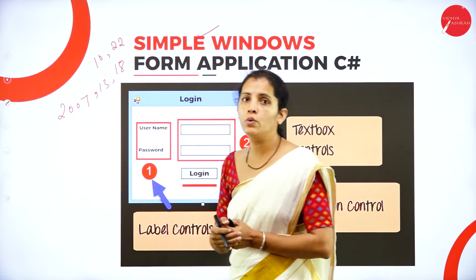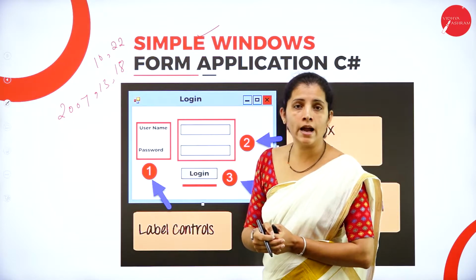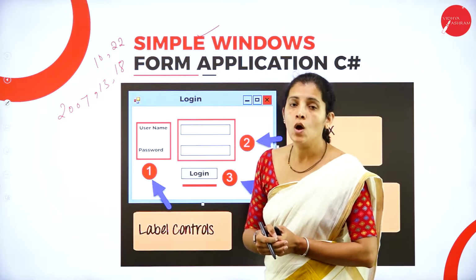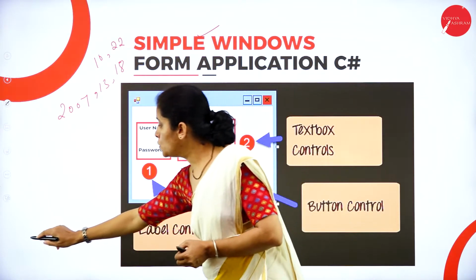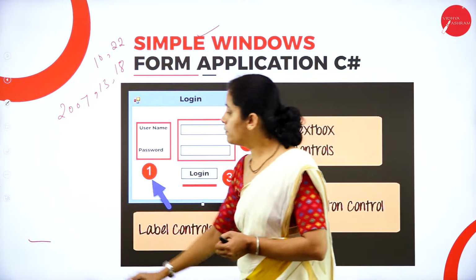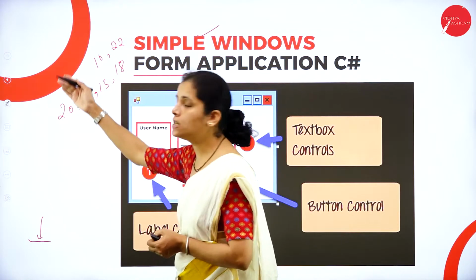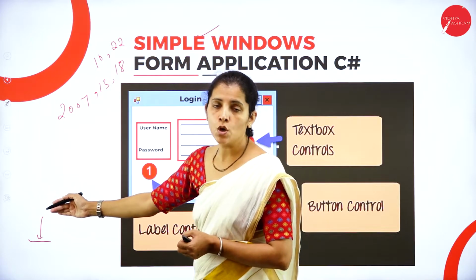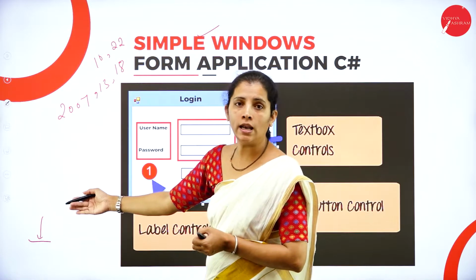Okay, first what you have to do? You have to download this software and install it. Once the installation is done, then go to the start, and when you click the start button, you're going to get the long list of programs which are installed in your desktop system or laptop.